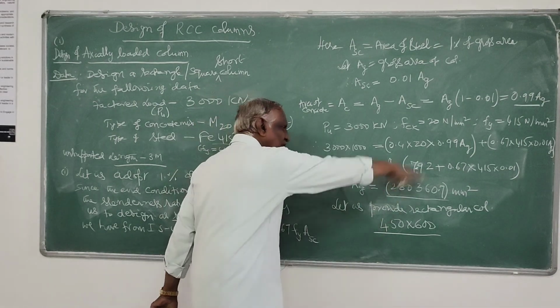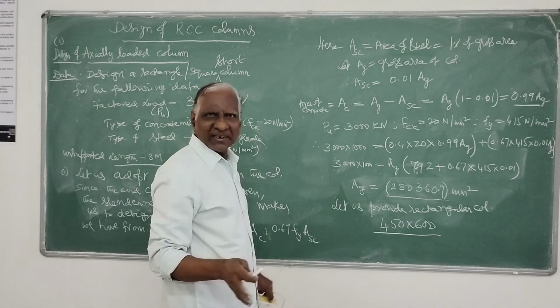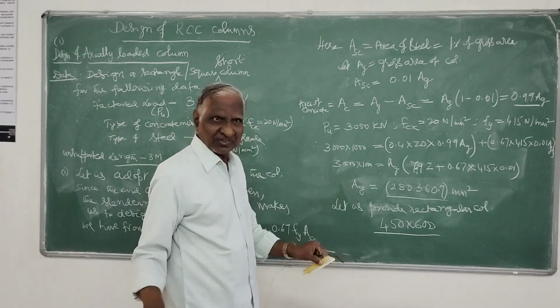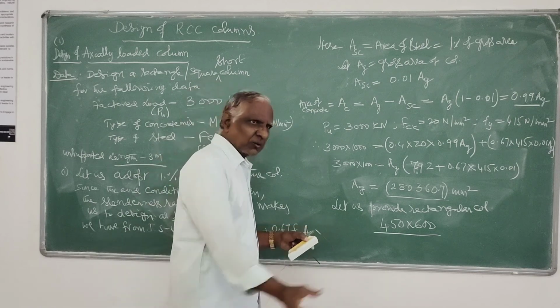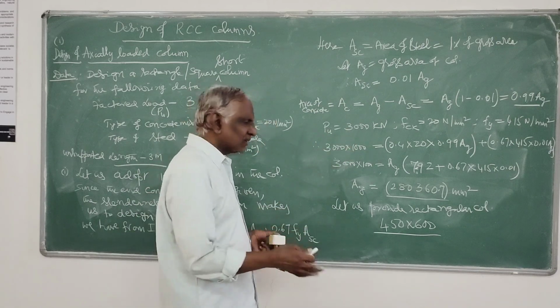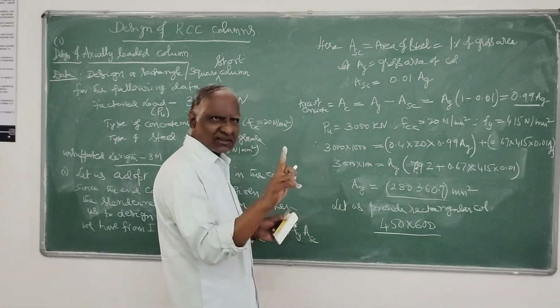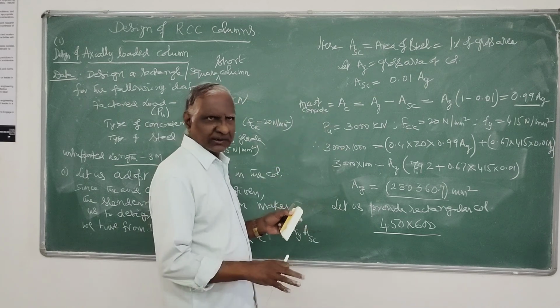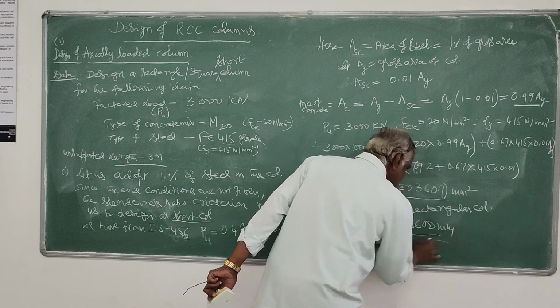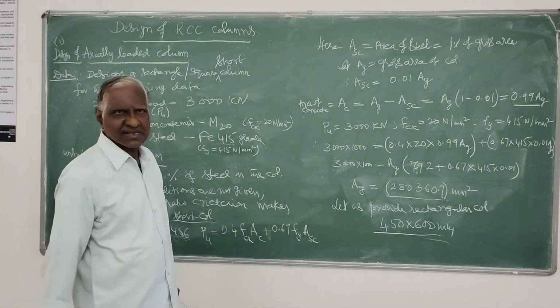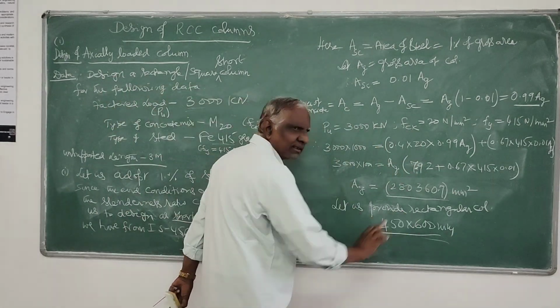You cannot go for simply 1000 mm by 1000 mm; though it is safe, you should not deviate that much. Anyway, you have to do revision afterwards. To start with, you are doing these designs in one step. So I will select this particular size. B is this, D is this.